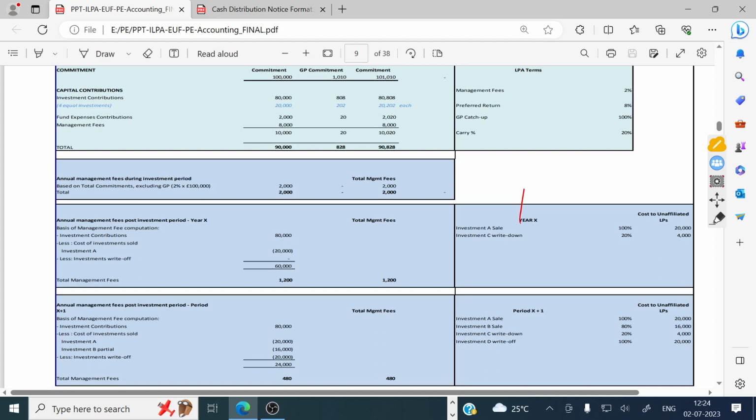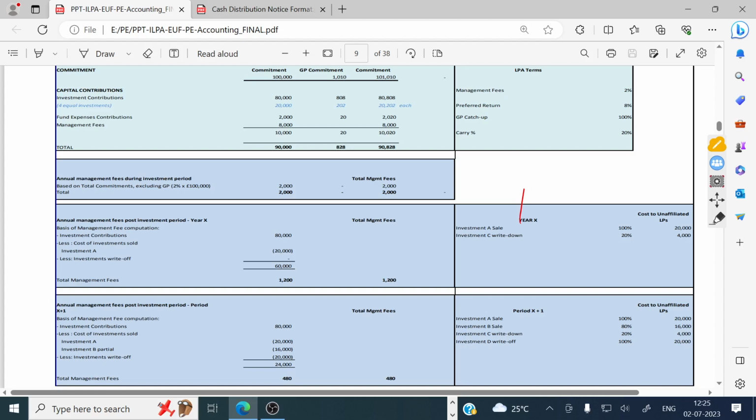Cost of investment, sold investment A, 20,000. 20 80 minus 20, 0. Then again 4,000, which is write off. Write down, write off, down, B same 16, 20, 20, and again investment D, write off 20,000.